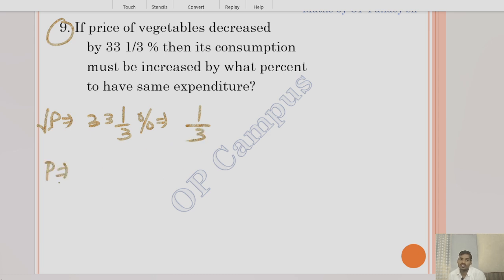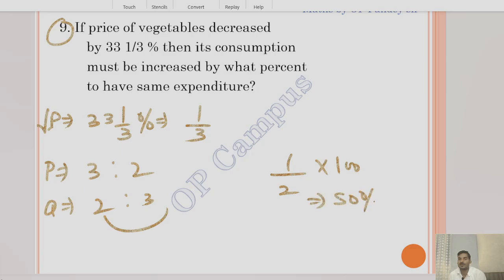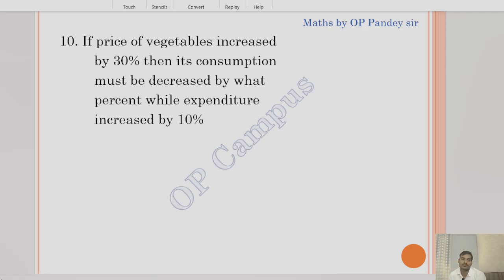So ratio of price is 3 to 2. Then quantity ratio becomes 2 to 3. Increase is 1 divided by 2 into 100. Answer must be 50%. 50% is the correct answer of this question.